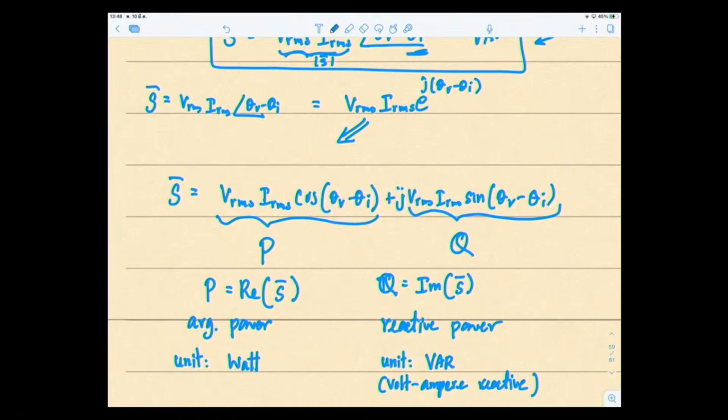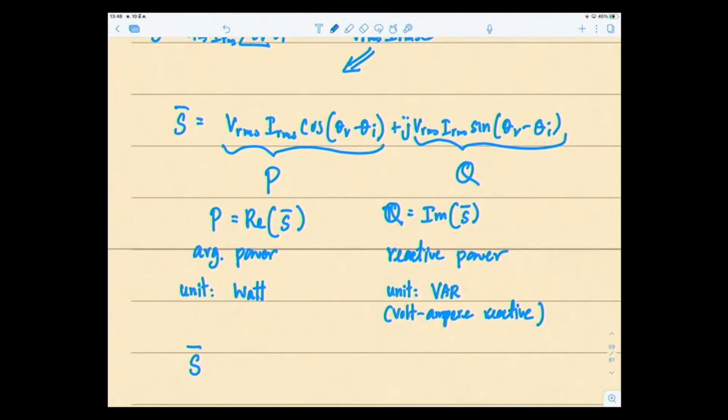So there are two parts of it, right? So the complex power can be written as P plus jQ. But the unit of the complex power is var. It's very interesting, no?